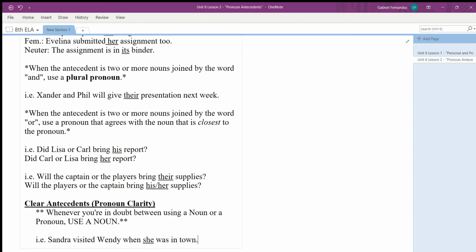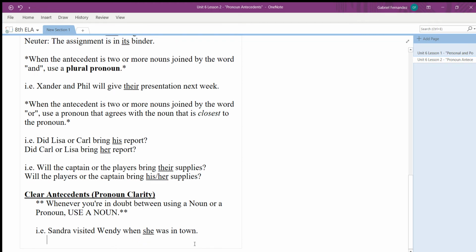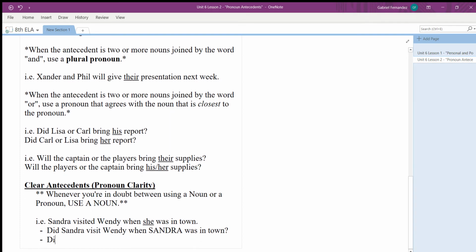Sounds like a proper sentence, and in a way, grammatically it is, but we have a problem here. The question is, did Sandra visit Wendy when Sandra was in town? Or did Sandra visit Wendy when Wendy was in town?